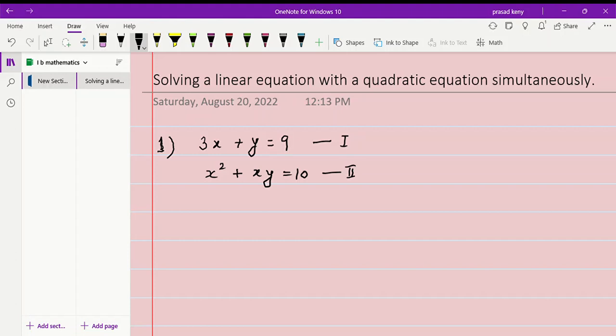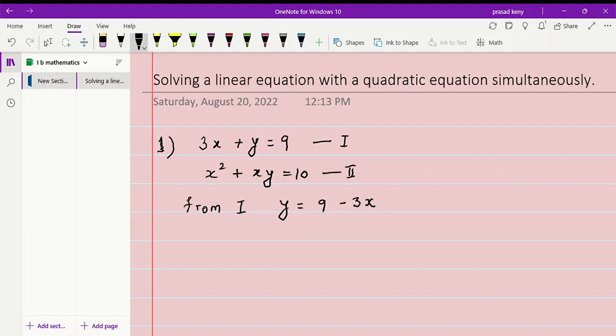So, I will express y in terms of x. That means from 1, I can say y is equal to 9 minus 3x. So I expressed y in terms of x.